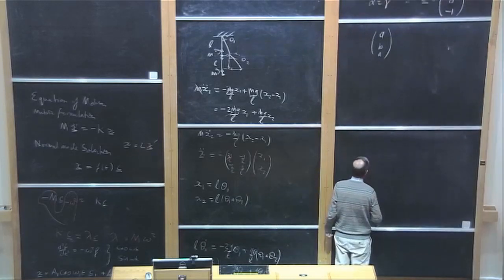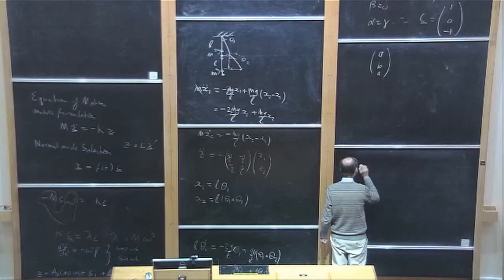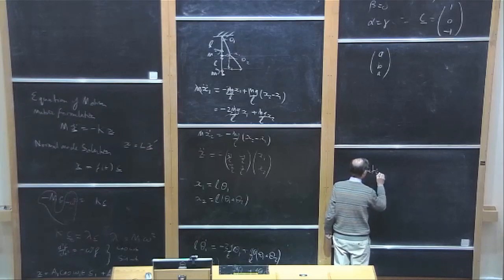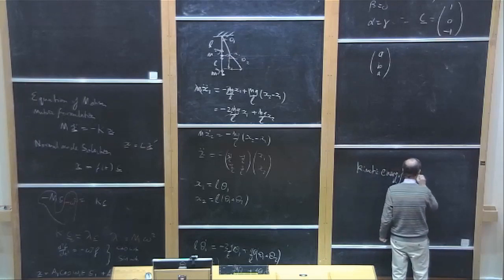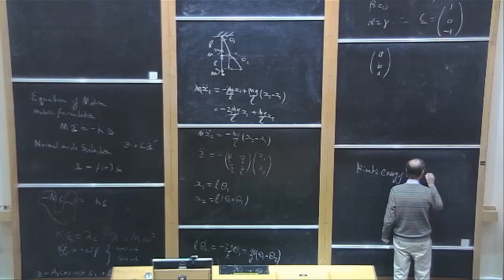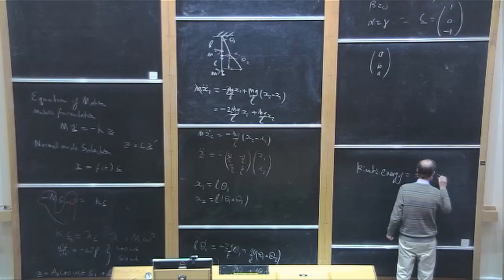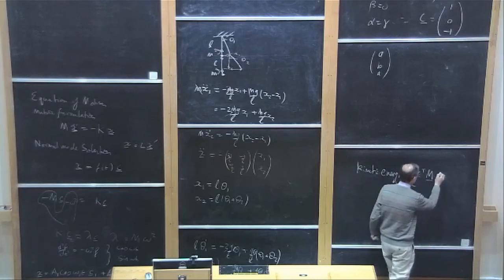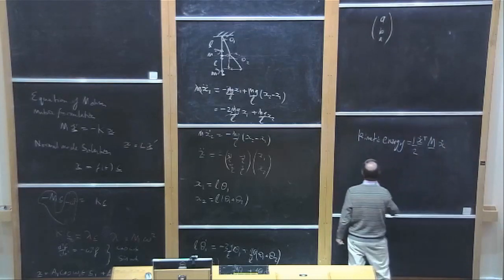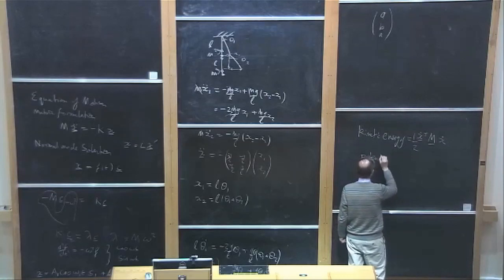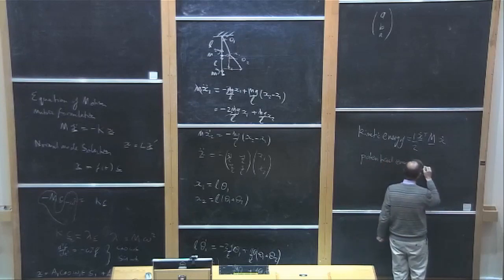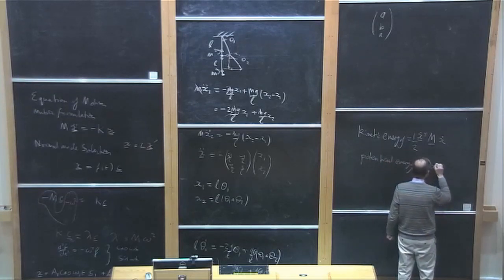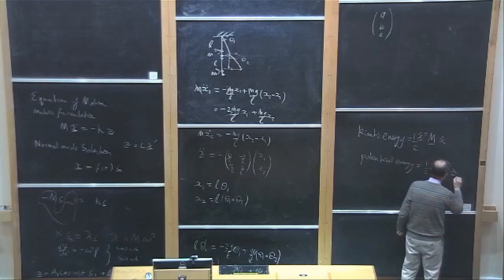In the examples which we've looked at, the kinetic energy was a half x dot transpose M x dot, and the potential energy was a half x transpose K x.